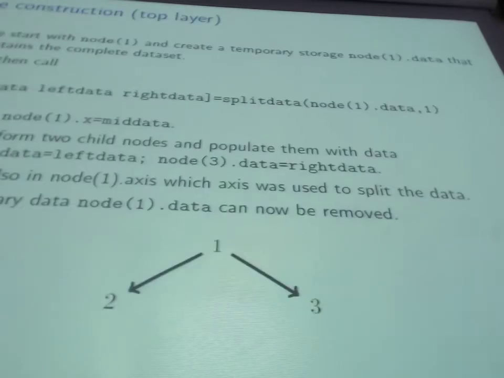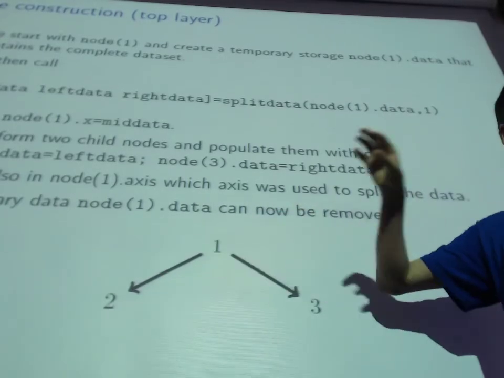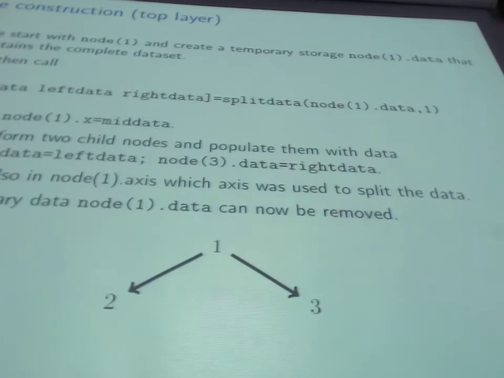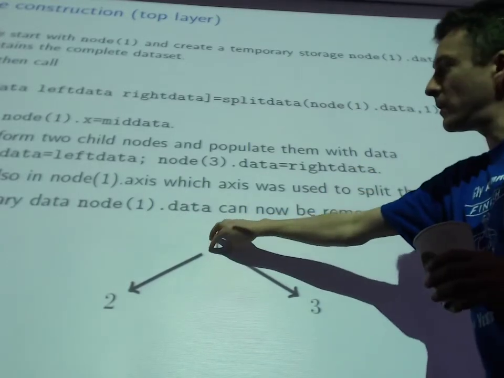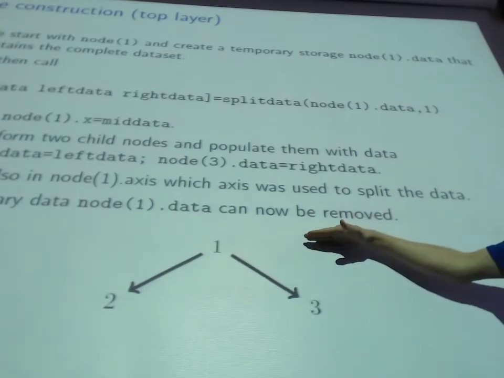Okay, so what you do is you start with node 1 on the tree. And in some sense, at the beginning, this node contains all of the data points. This is one way, in a programming sense, to construct the tree. Okay. So we place all of the data in this node. We then call that split data routine, say along dimension number 1.